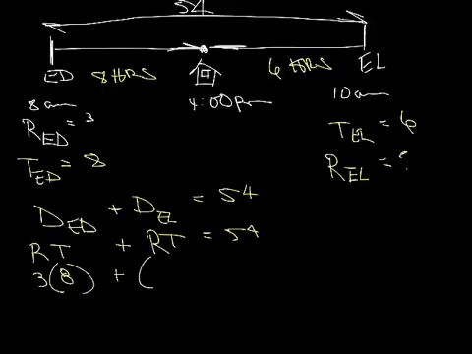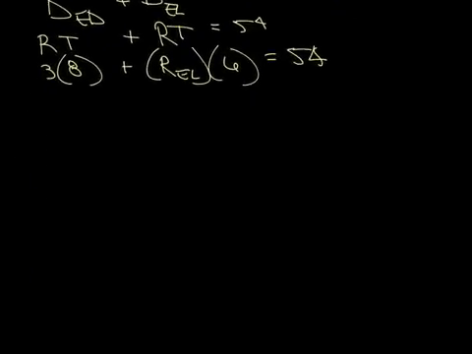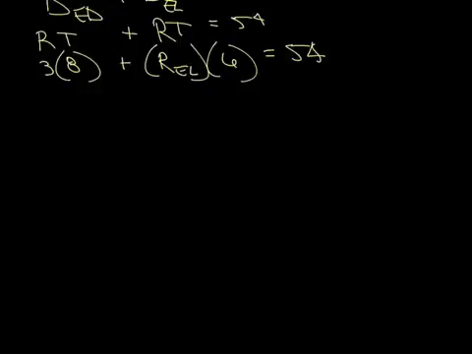I don't know the rate of Eleanor, but I know her time was 6, and 54 miles was the total distance. All right, so I've got all that. Let's kind of move things up a little bit so I can keep going here. We'll do the rest of this in green. So 24 plus 6 times the rate of Eleanor equals 54.